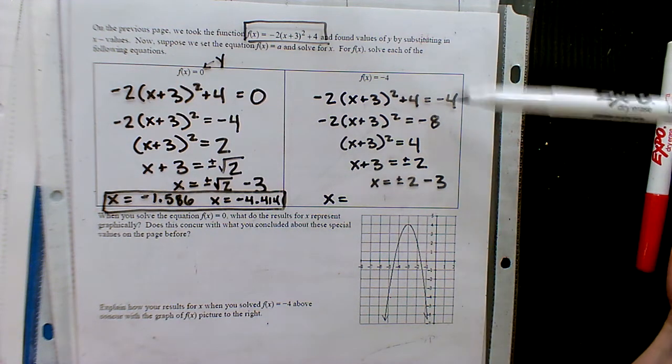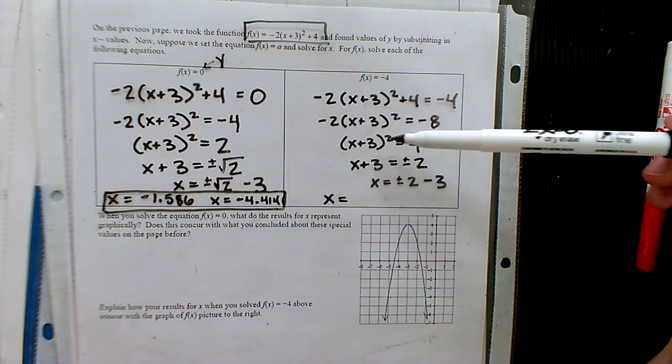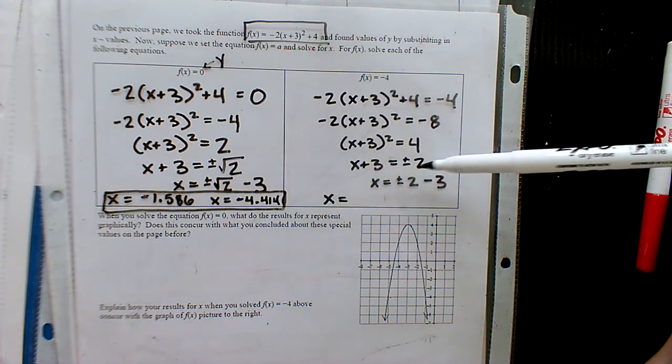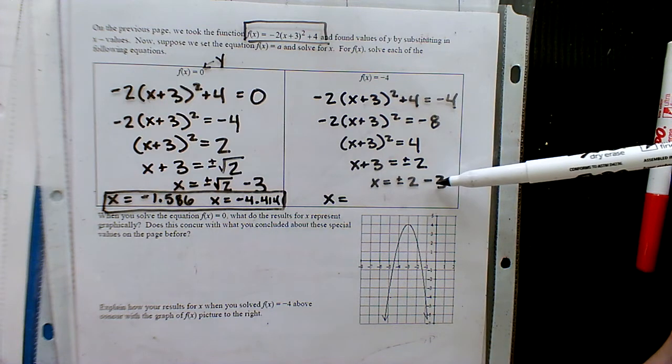All right, so we can subtract the 4, divide by the negative 2, square root both sides, don't forget the plus or minus, and then subtract the 3.